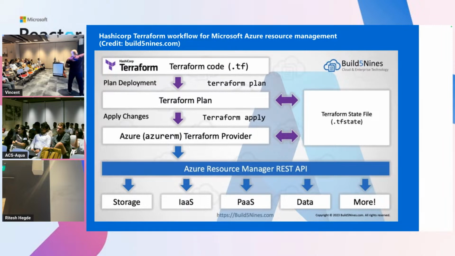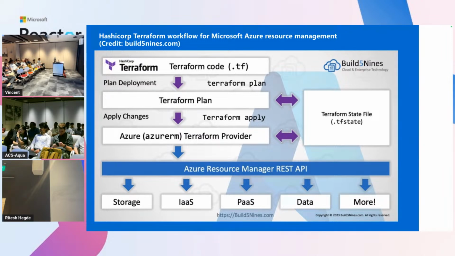So if you see, first the plan happens. Now from plan, you have an arrow to the Terraform state. If you're running Terraform plan the first time, it looks for the TF state file, but if there is no TF state file, it won't create it at this point. However, when you do apply, at the apply the first time, the Terraform state file will be created.